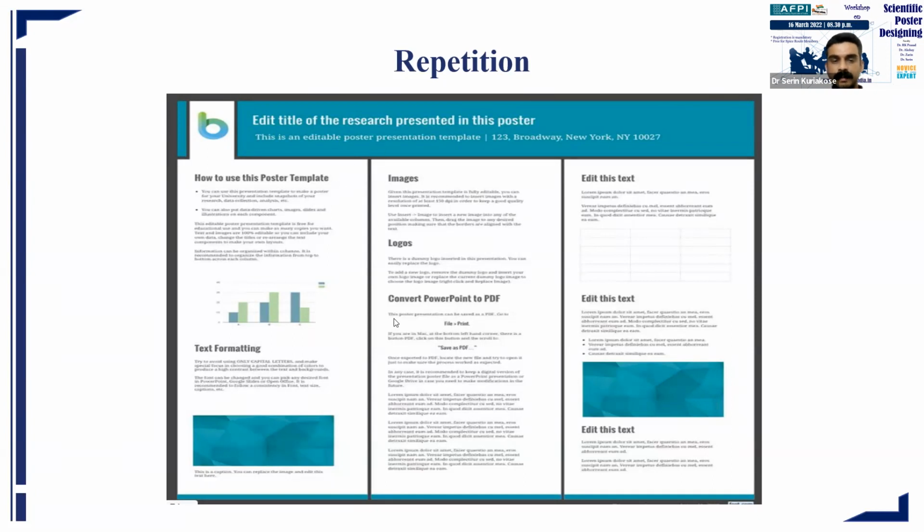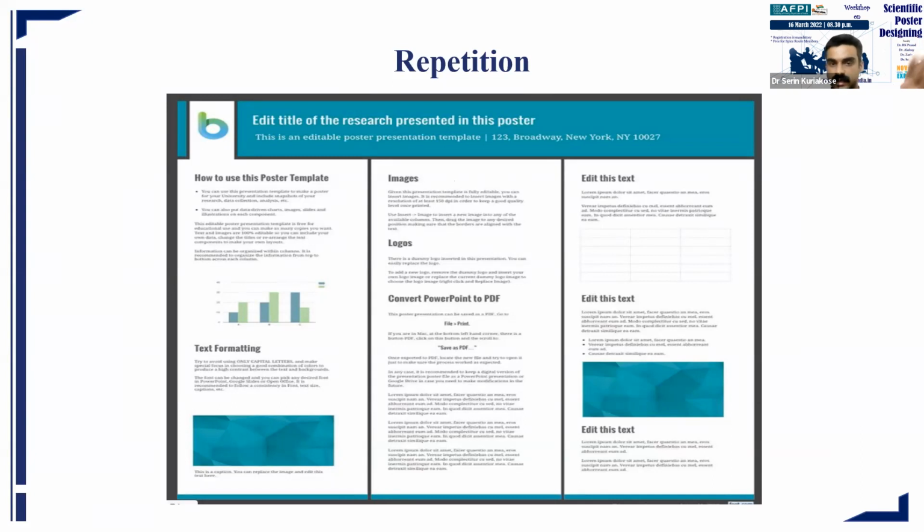The very basic thing is we have 3 columns here: left, middle, right. And the pattern that keeps repeating gives some extra importance to the content. Just like an ad, the moment you see the same ad, it gets some kind of importance in your brain.